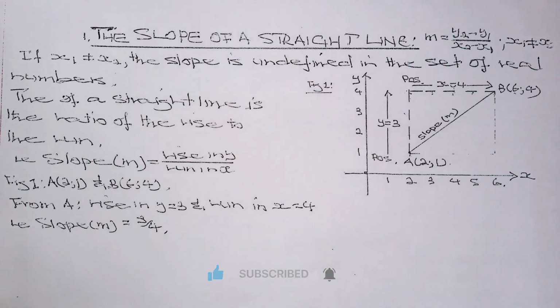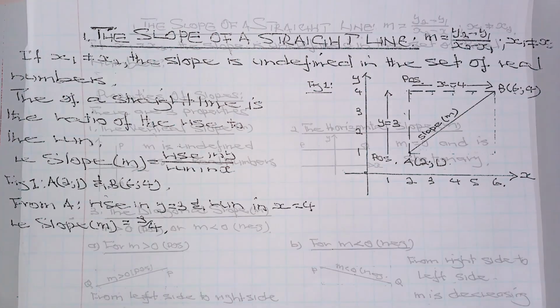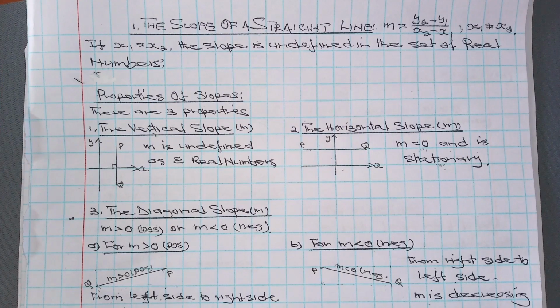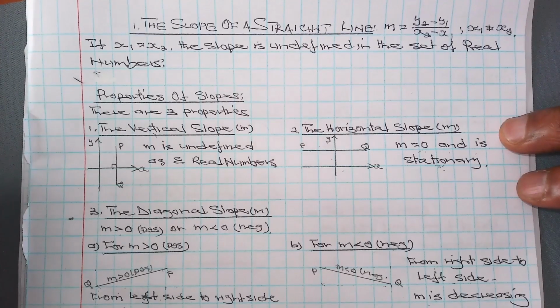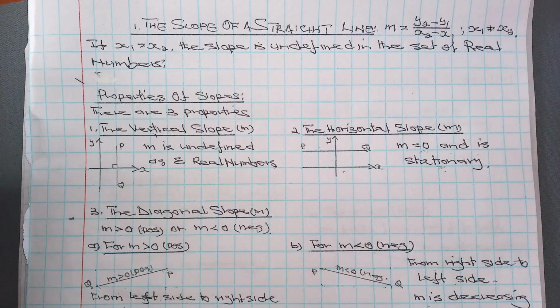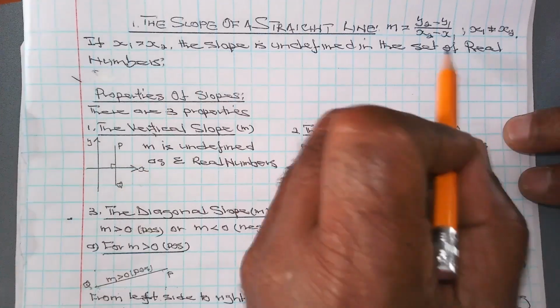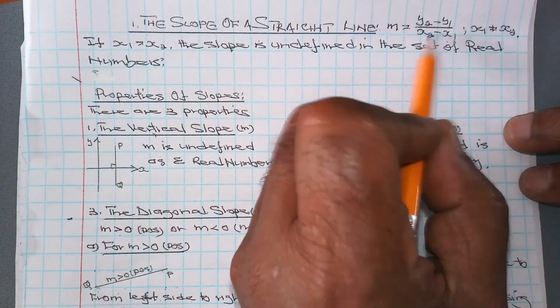The last time we were discussing the slope of a straight line. So I'm going to recap the properties of a straight line before we go to case studies. The slope of a straight line is m equals y2 minus y1 all over x2 minus x1, where x1 is not equal to x2.